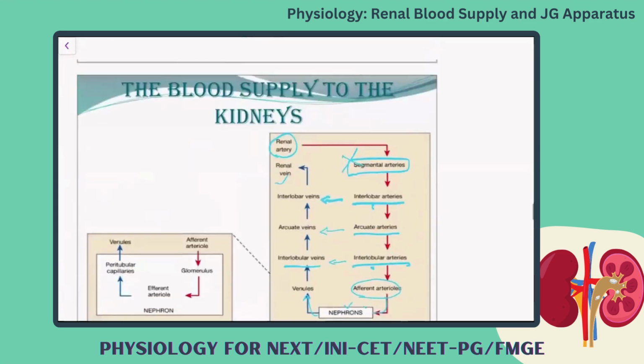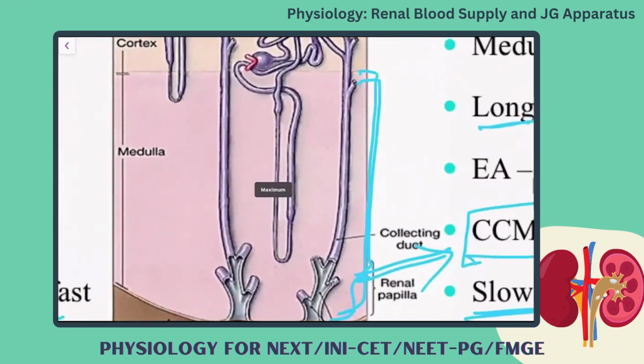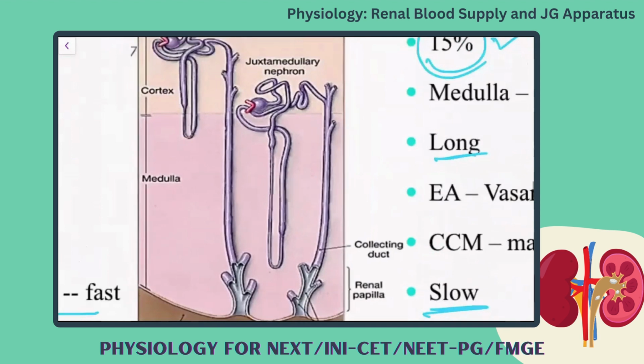And one more important thing which I have to emphasize over here is, see for example, this is your single unit of nephron, and you are getting the afferent arteriole over here. This is your afferent arteriole, and then efferent arteriole. This afferent arteriole is not just present over here.